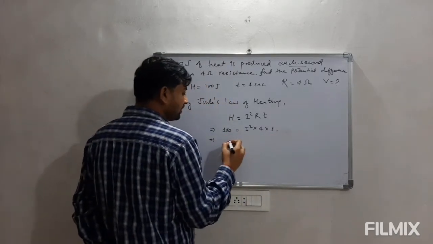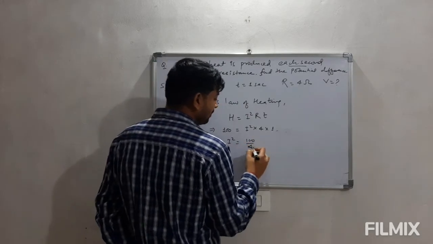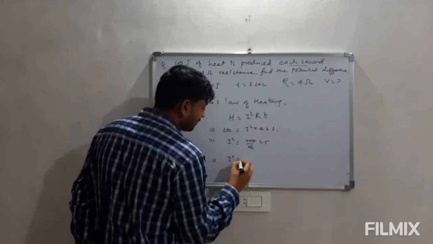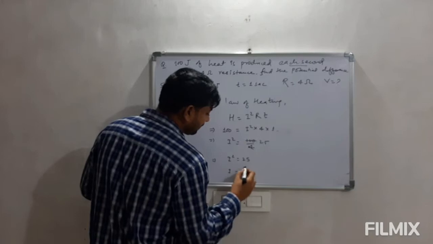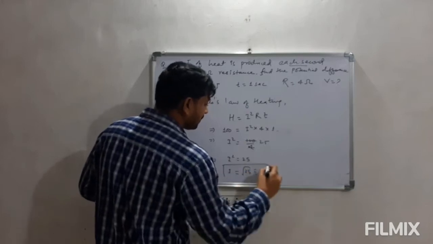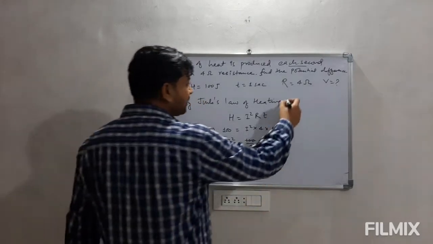If we rearrange this, we get I square is equal to 100 by 4, which is nothing but 25. So from here I square is 25. If we take the square root, we get I is equal to root 25, that is 5 ampere. So the current in that conductor is 5 ampere.